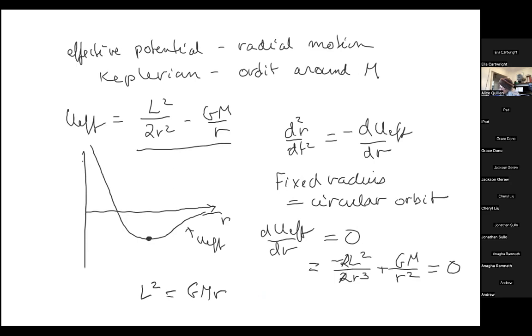And so r is equal to, there's no square root, right? r is equal to L squared over GM. So this is r star, which is my equilibrium point. I even got that right. No mistakes. Good. Awesome. So now I can say, well, what's motion like around the equilibrium point?